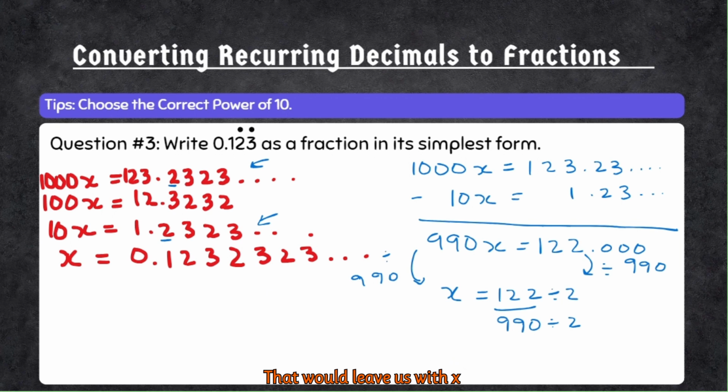That would leave us with x being 122 divided by 2, which is 61, and 990 divided by 2, which is 495. So our answer for 0.123 recurring as a fraction is 61 over 495.